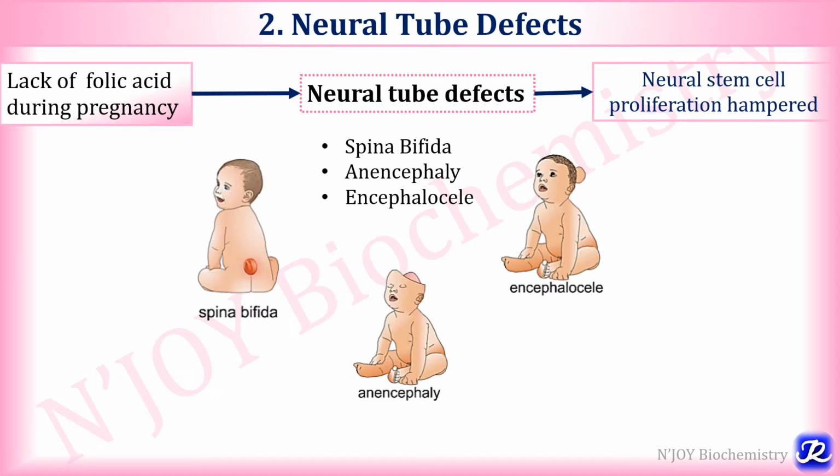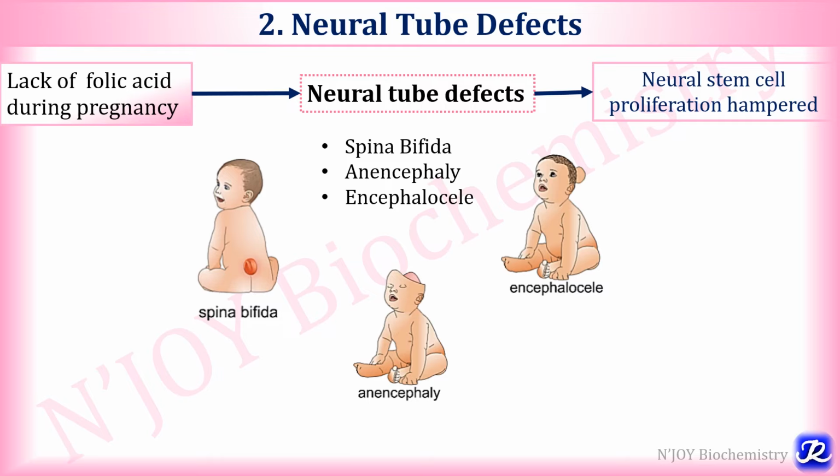Other than megaloblastic anemia, neural tube defects are also an important deficiency manifestation associated with folic acid deficiency. We know that in pregnancy folic acid demand is increased, and if there is lack of folic acid during pregnancy, it results in the neural tube defects because due to folic acid deficiency, neural stem cell proliferation is hampered, and it results in various conditions like spina bifida.